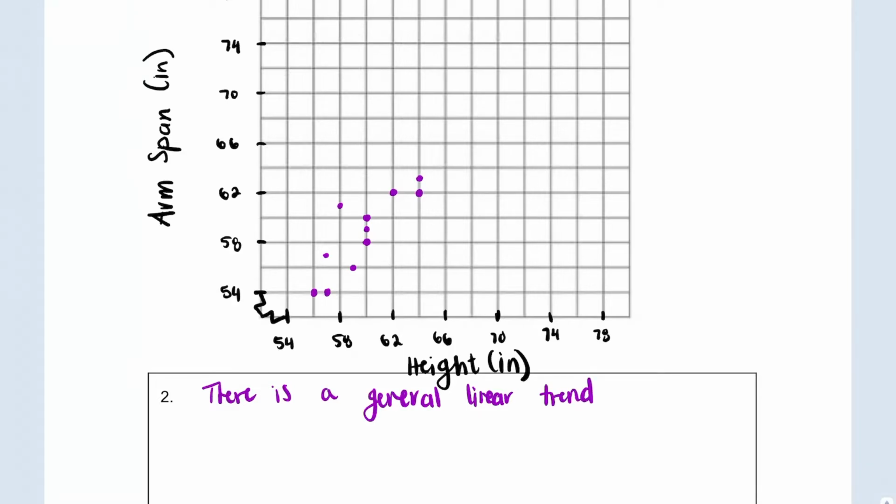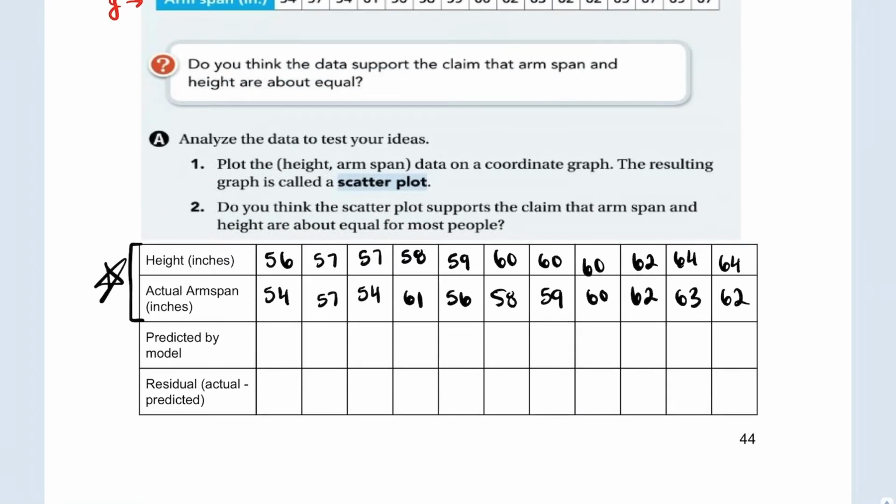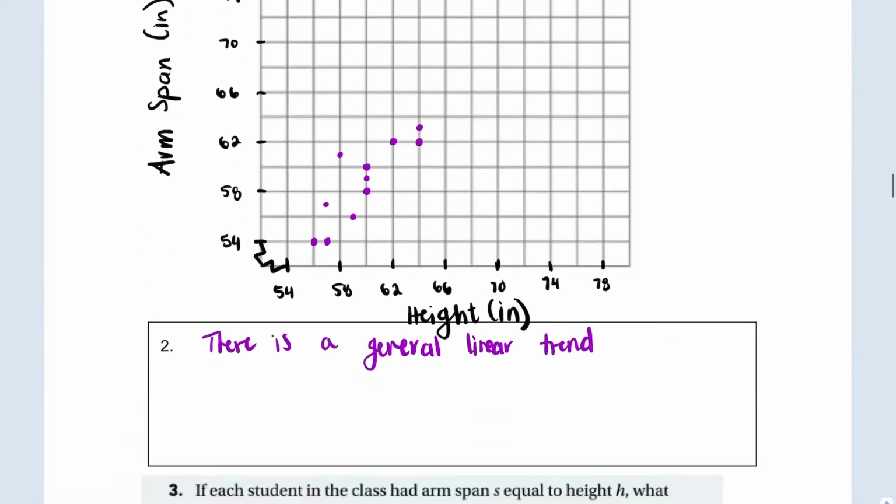But remember, the claim that we're trying to either agree or disagree with is that arm span and height are about equal for most people. Well, according to my data, there were only a few students who had arm spans and heights that were the same.